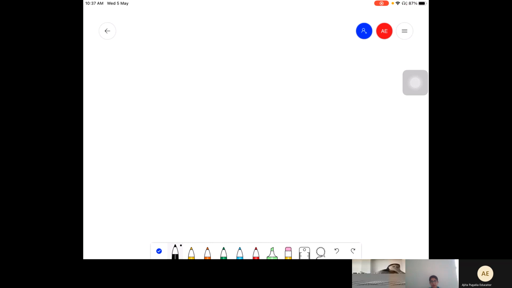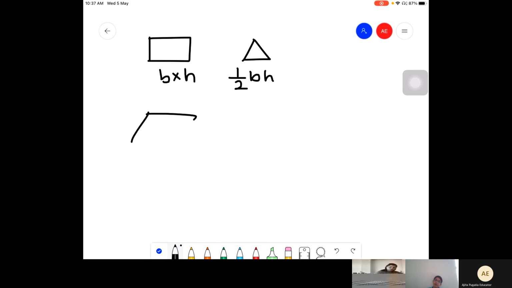Well, rectangle is base times height. Triangle is 1/2 base times height. Parallelogram, I forgot what it's called.